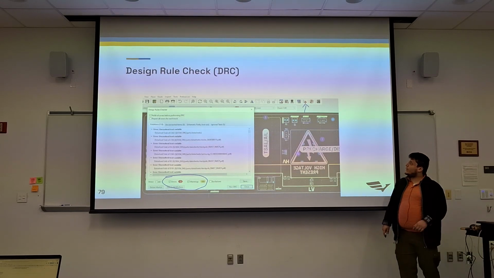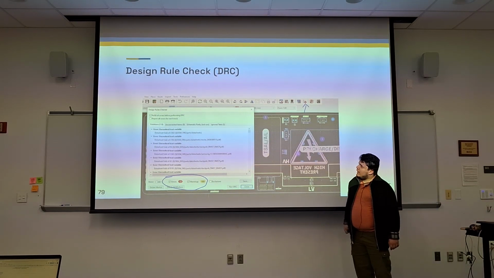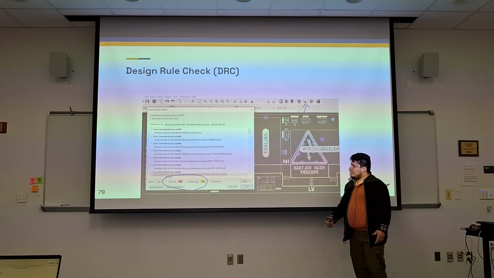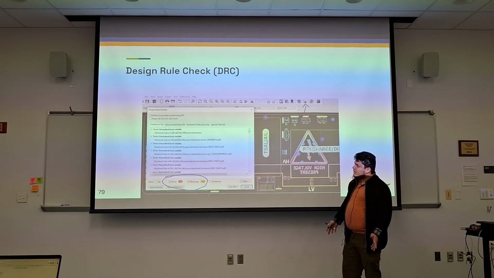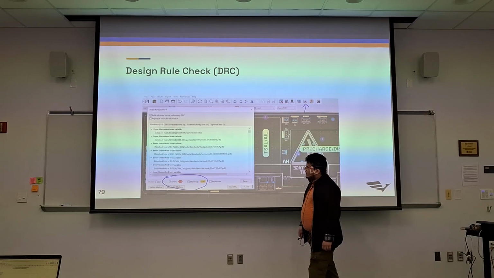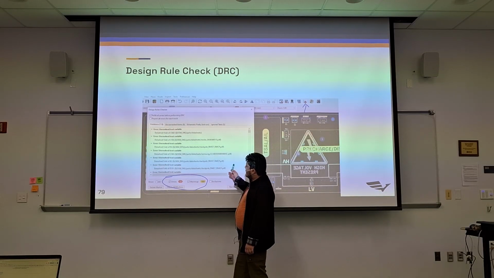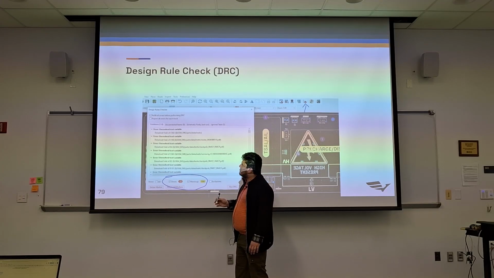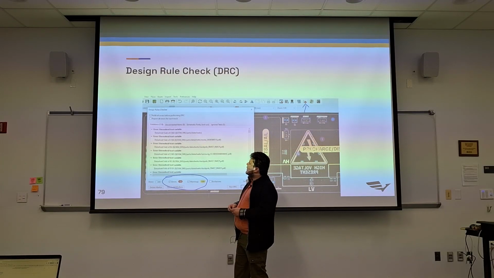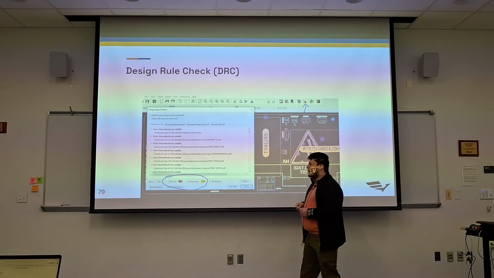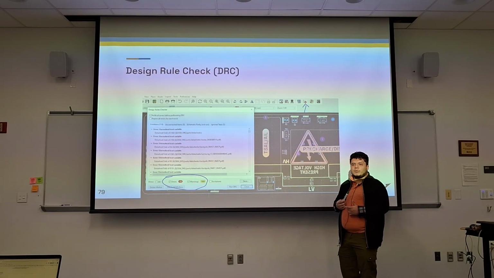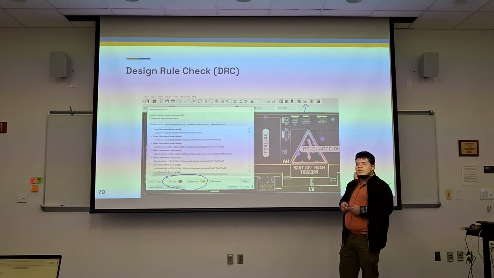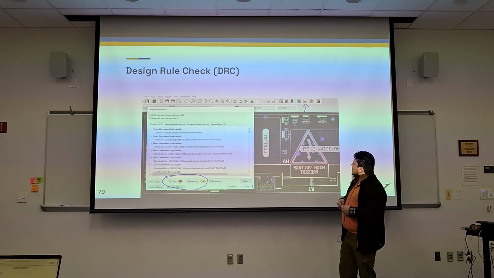The design rule checker is this button up here. Ideally, you shouldn't have any errors and you shouldn't have any warnings. Some of these errors and warnings you can ignore because they're about the datasheet field, which is not as important. But the DRC is going to tell you if you're violating something, like a trace got too close to a via pad, or your trace is too close to something else.